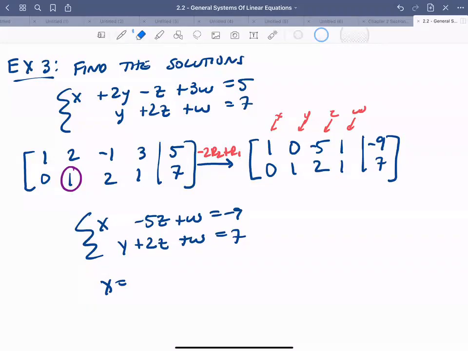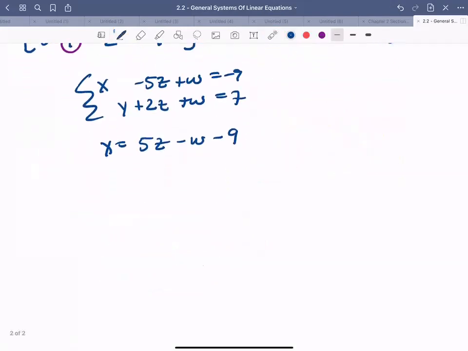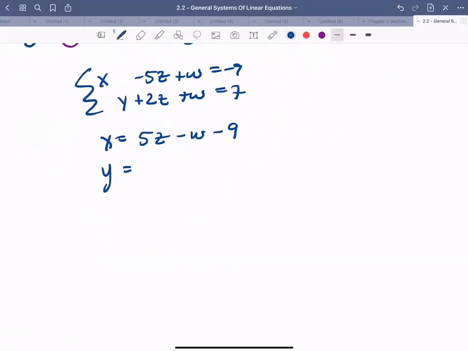So X equals 5Z minus W minus 9. And I can tell you what Y is, but I have to move all this over by using the inverse operation. So Y equals -2Z minus W plus 7.